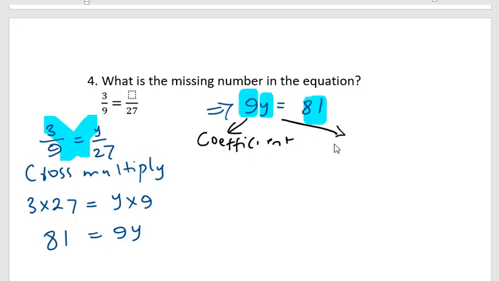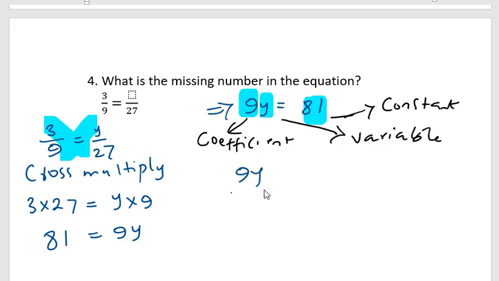So y is the variable, and 81 here is the constant. Because you have a variable and coefficient, you divide both sides by the coefficient to make the variable stand alone.